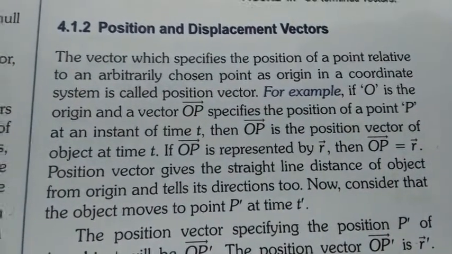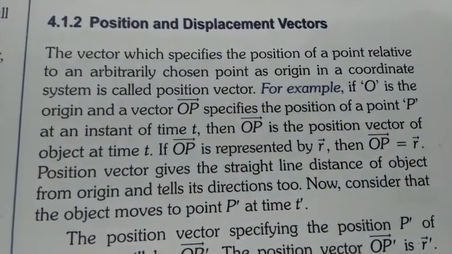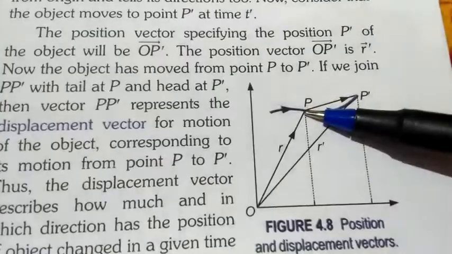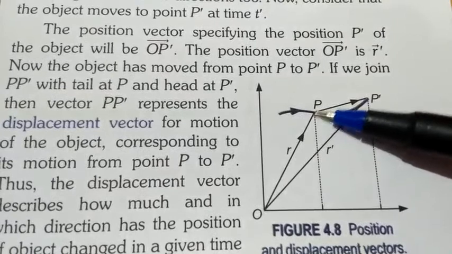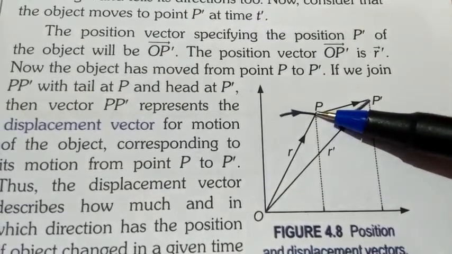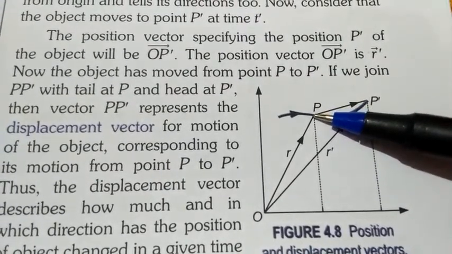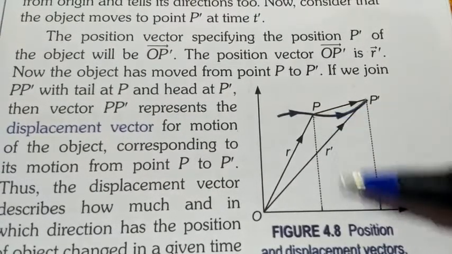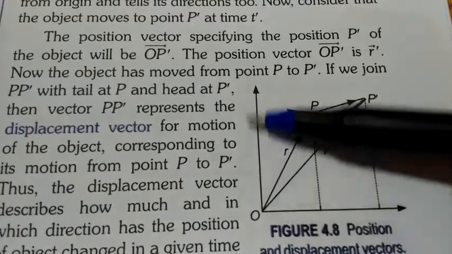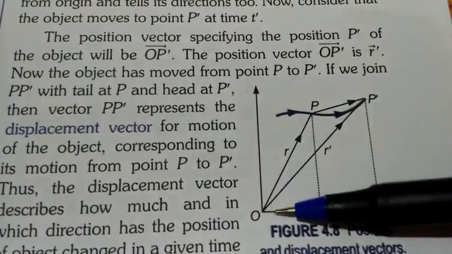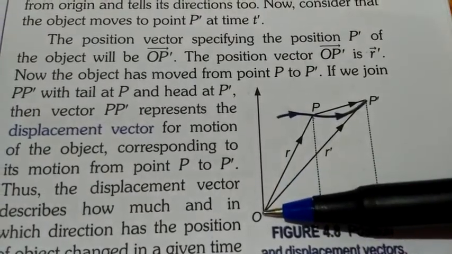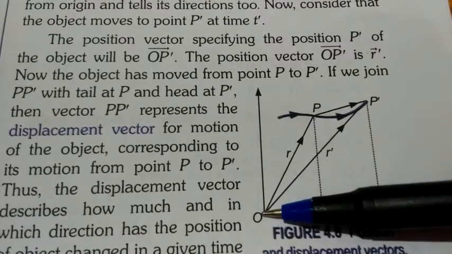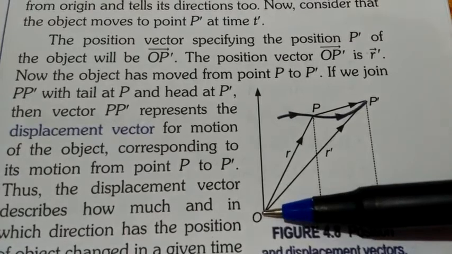Now let's discuss position and displacement vectors. Suppose P is a point lying on a plane and we have to show its position. Whenever any point is on a plane, to show its position we need two axes, the x-axis and y-axis. Where the two axes meet, that point is called the origin, and we compare all the points with respect to the origin.